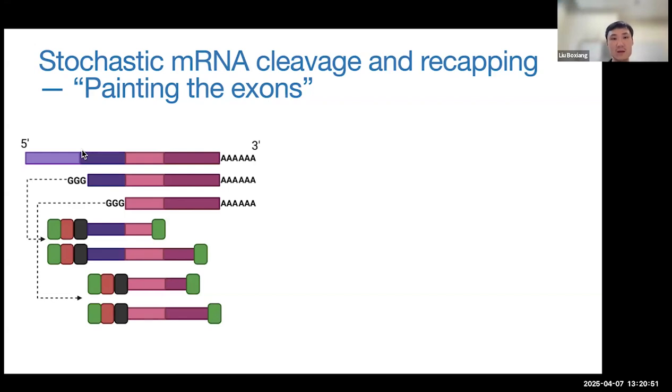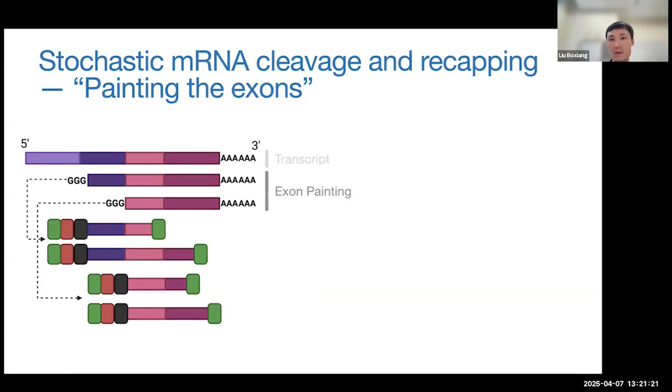So in theory, this would increase the diversity of transcriptomes in the cells and make the cells potentially more fit under, for example, negative selection. This phenomenon can be leveraged by 5' sequencing because the 5' sequencing could capture transcripts that start from different 5' ends. So essentially, we go deeper into the 3' end without paying any additional cost, right?